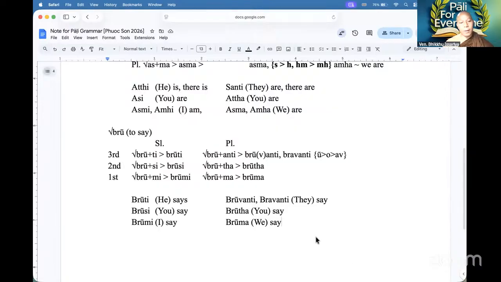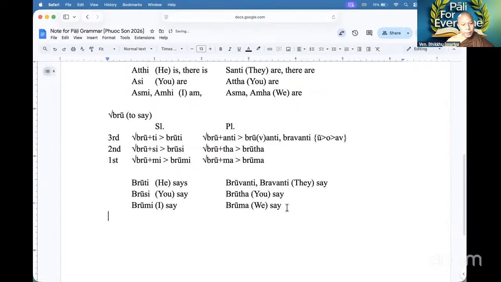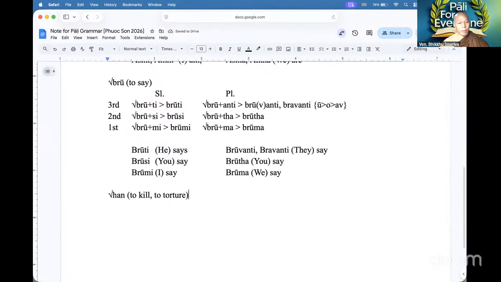And then, now next. The next verb in lesson 3 is ruhan. So ruhan means to kill, and in some places to torture, to cause pain to others. But this one is only in the tabase.